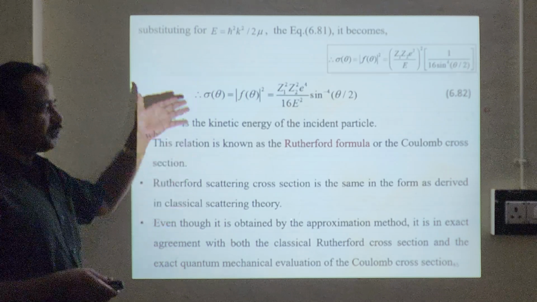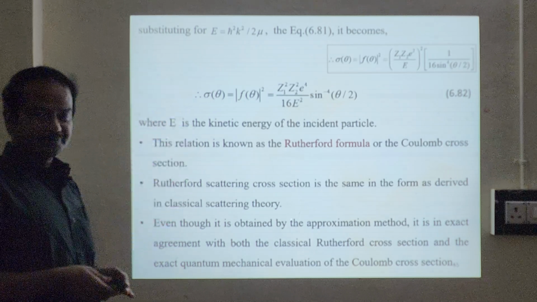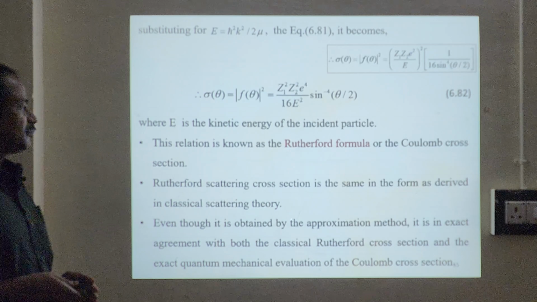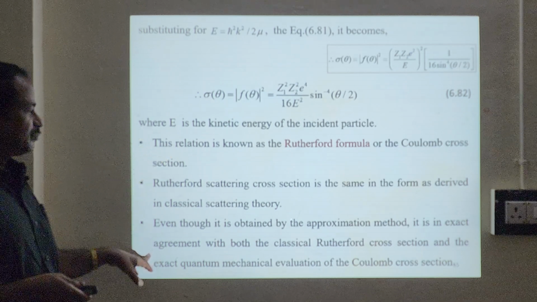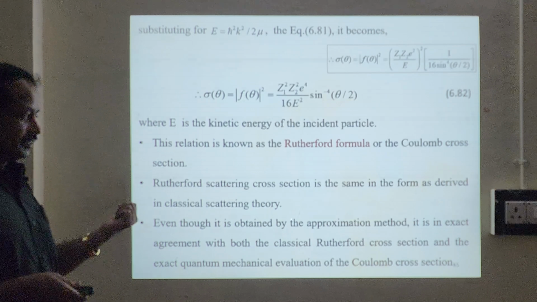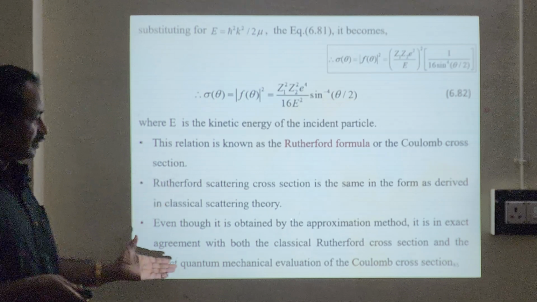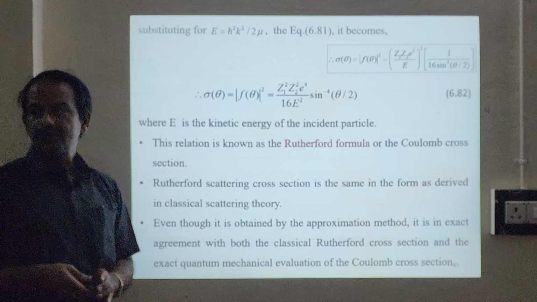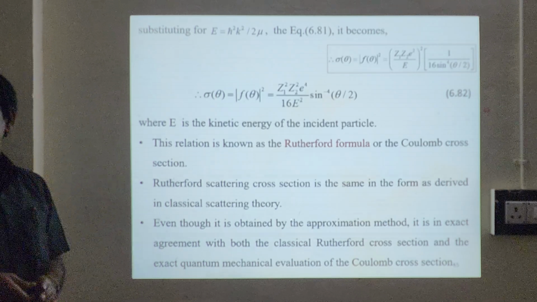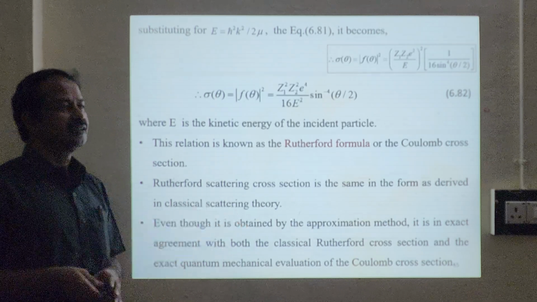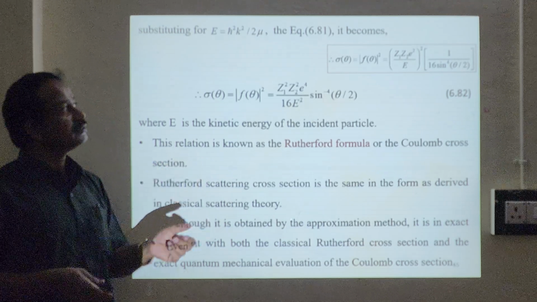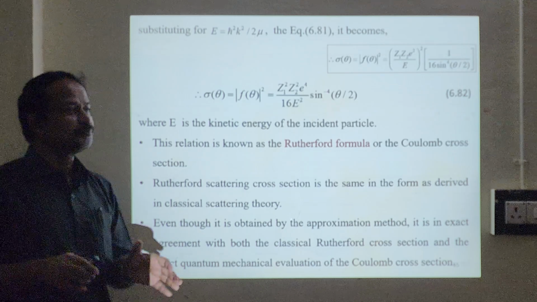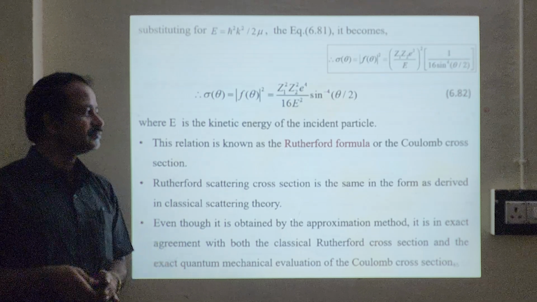So it is exactly the same as that of classical theory. Even though it is obtained by an approximation method, it is in exact agreement with both the classical Rutherford cross section and the exact quantum mechanical evaluation of the Coulomb cross section. So this is the justification of Rutherford's formula. Any doubt in this model? Very simple model. It's a very important one.